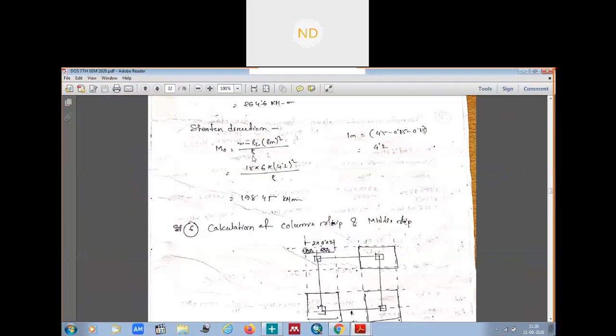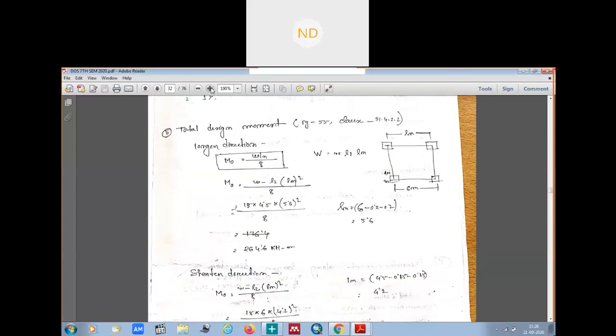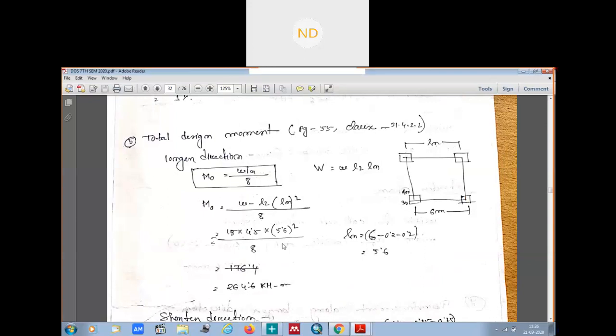Have we done step number 5? Step number 5, moment calculations in flat slabs. This one. Moment calculations done.